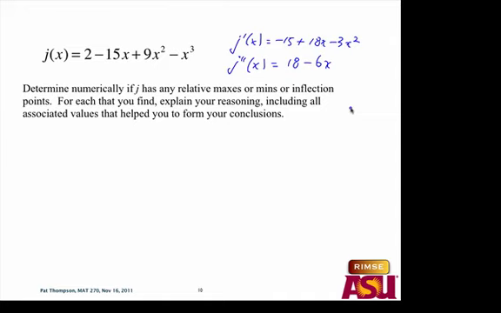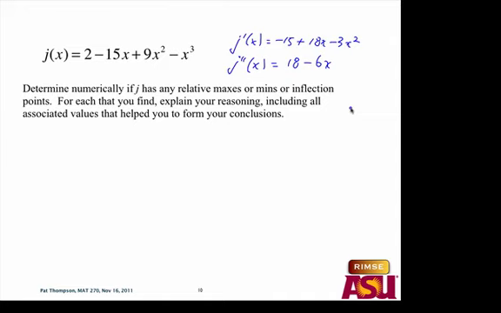Okay. Second derivative at x equals 5, 18 minus 30, so it's negative.